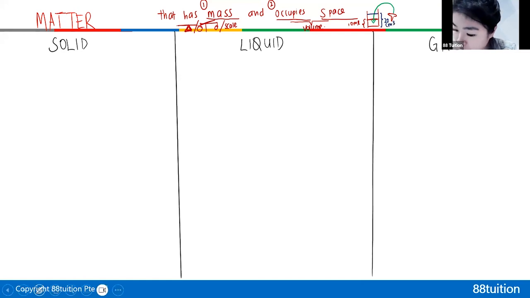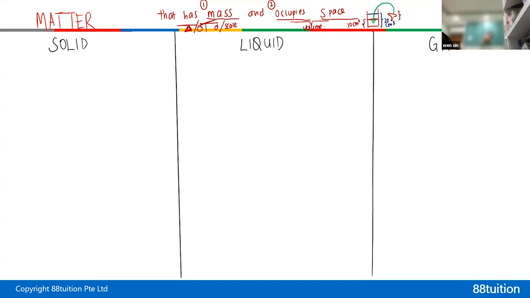Instead of ml, let me change it to cm cube. So this is 10 cm cube. Can you tell me the volume of the nail? 10 cm cube. Good. So I take 20 minus 10 is 10 cm cube.